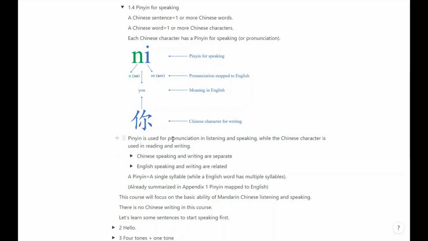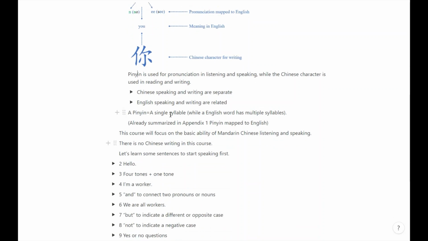Pinyin is used for pronunciation in listening and speaking, while the Chinese character is used for reading and writing. Chinese speaking and writing are separate.